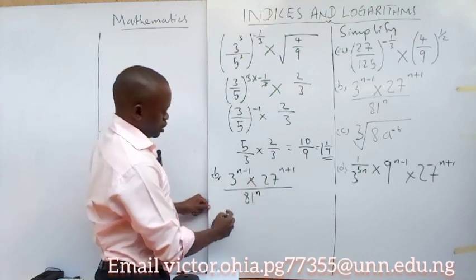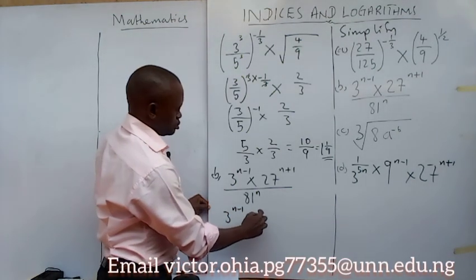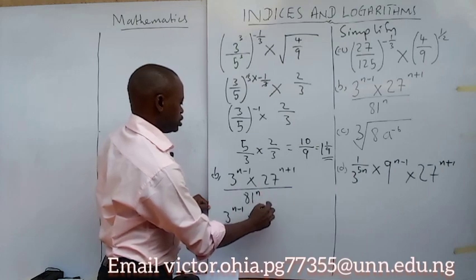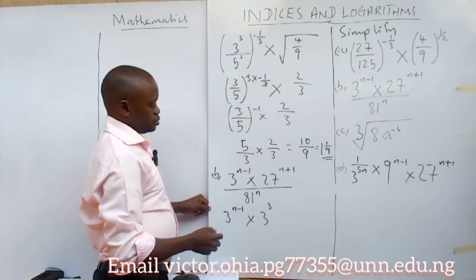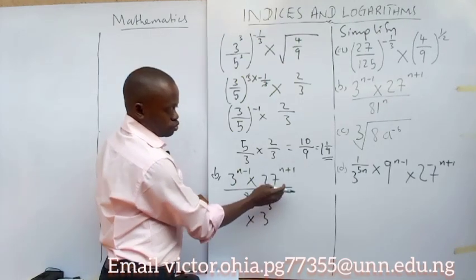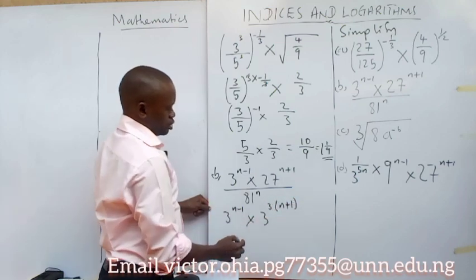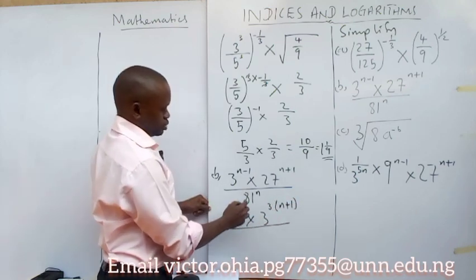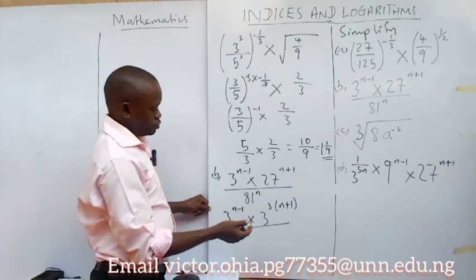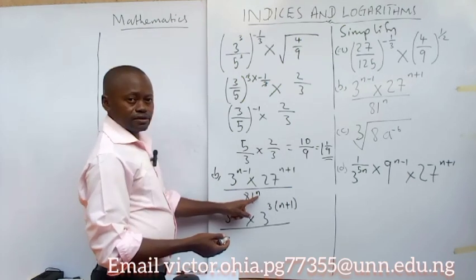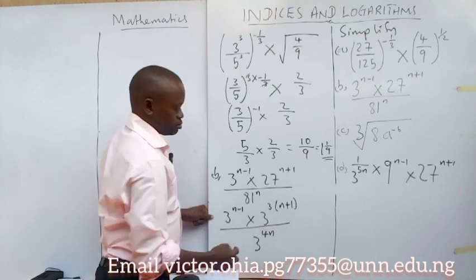So over there we are going to have 3 to power n minus 1 multiplying 3 to power, this is 3 raised to power 3, 3 times 3 times 3 will give you 27. And you know this power is going up there to multiply the already existing power, which is n plus 1. Okay, all over, this is 81, and 81 is 3 raised to power 4. And that 4 will multiply this n and give us 3 raised to the power 4n.